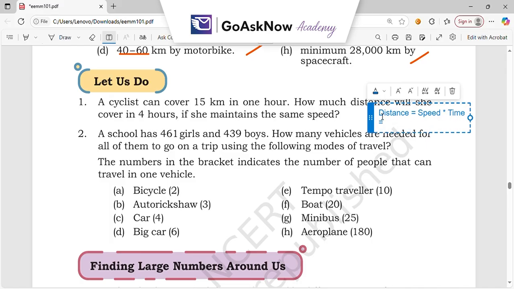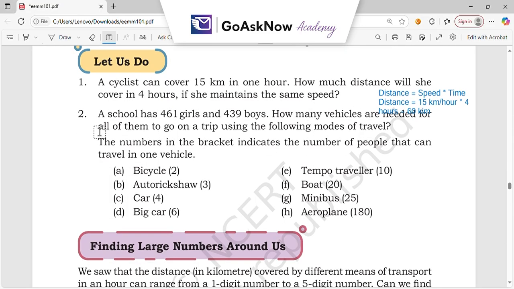Here we have distance equal to speed, which is 15 kilometers per hour, into 4 hours, which is 60 kilometers. That means we are multiplying 50 into 4 hours, which is 60 kilometers we can travel.